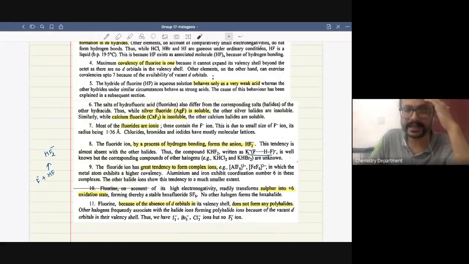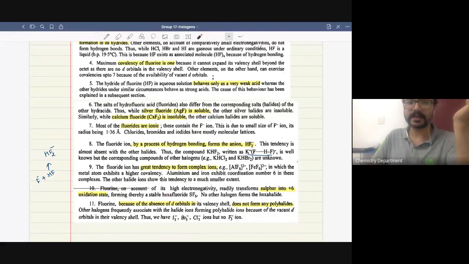Then fluorides also have a very high tendency of complex ion formation. They can form a lot of complexes very easily. In comparison, the other halides have a lesser tendency to form complexes.